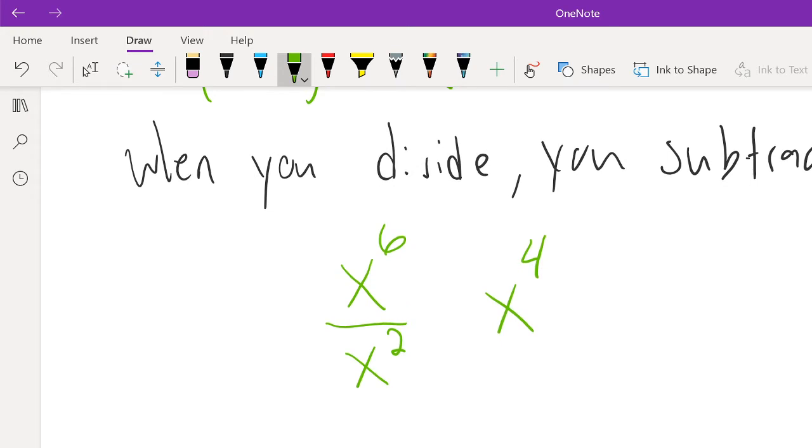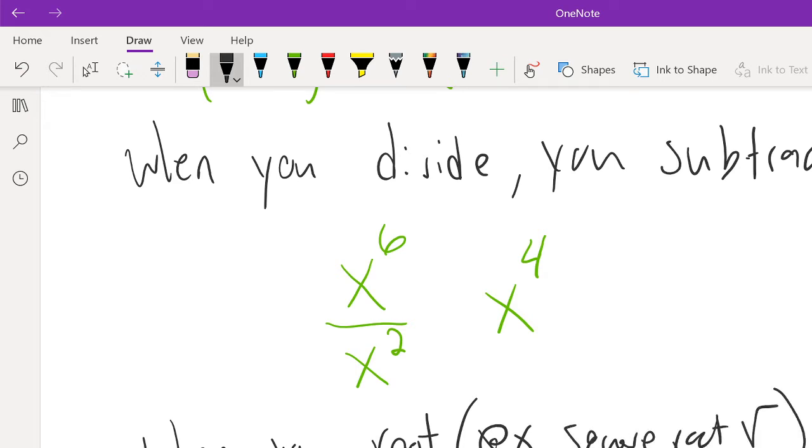And then last rule, when you root, for example square root, which is that sign, when you root, you divide powers. So for example, let's say I have the square root, which by the way means that there's a little 2 there.